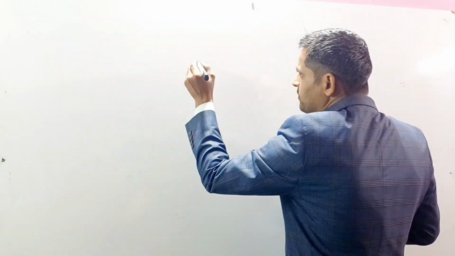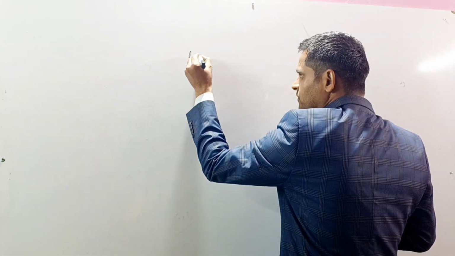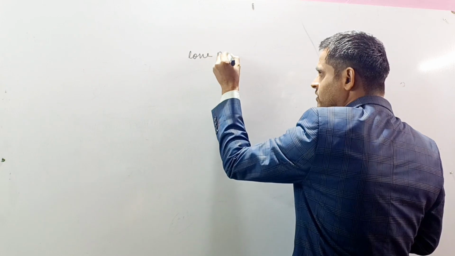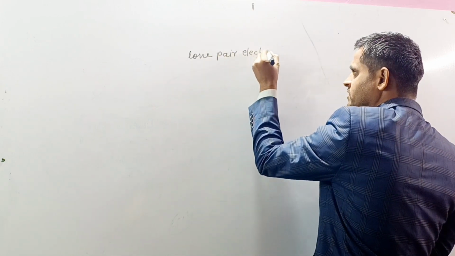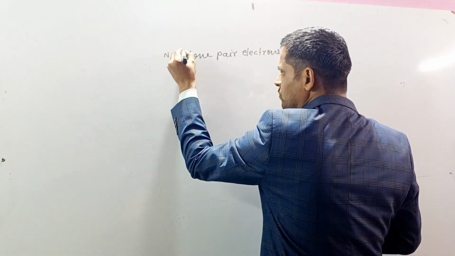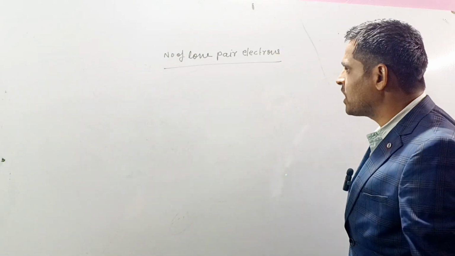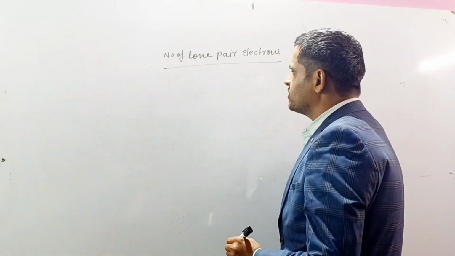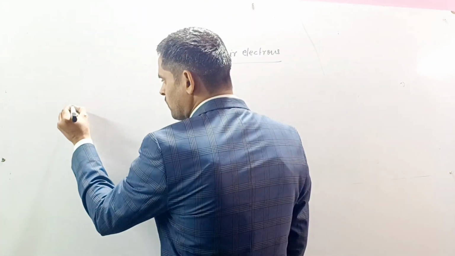So our main point is lone pair electrons, the number of lone pair electrons. Now, what is the formula for calculating the number of lone pair electrons in an atom?